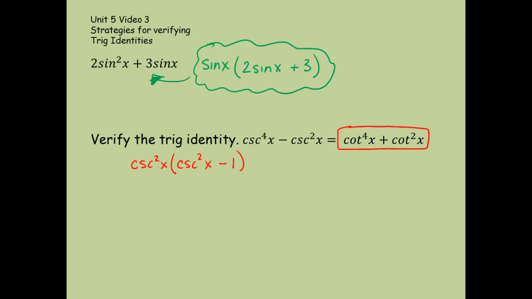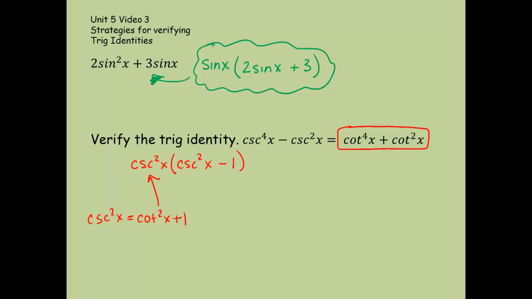All right. So using one of my trig identities, cosecant squared of x is equal to cotangent squared of x plus 1, then I can replace this cosecant squared of x with cotangent squared of x plus 1.